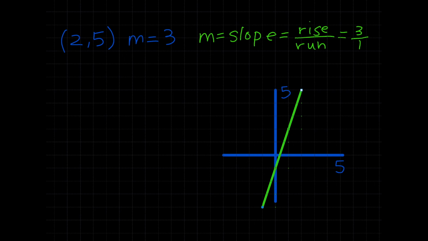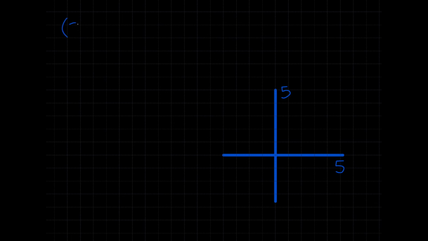Now we could draw this line this way, go through plotting all these numbers, or we could use what's called slope-intercept form, which given the 2, 5 coordinate and our slope, we could plug these numbers into the slope-intercept formula here, and it will give us our y-intercept value, which will mean we could plot this line using only 2 points, and not have to graph any more points in order to draw the line.